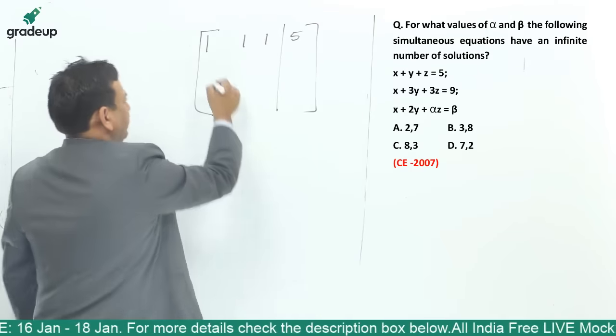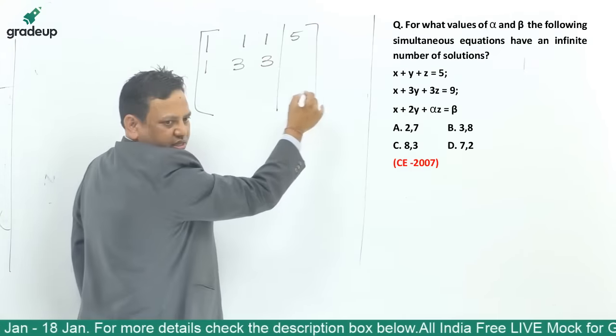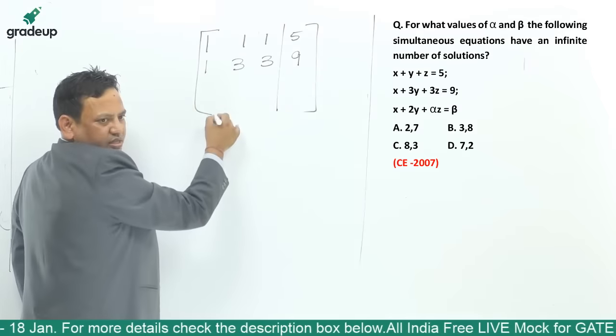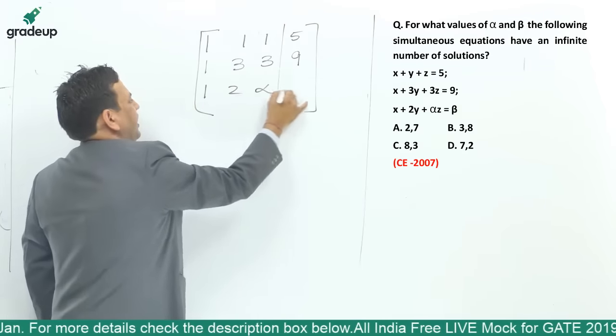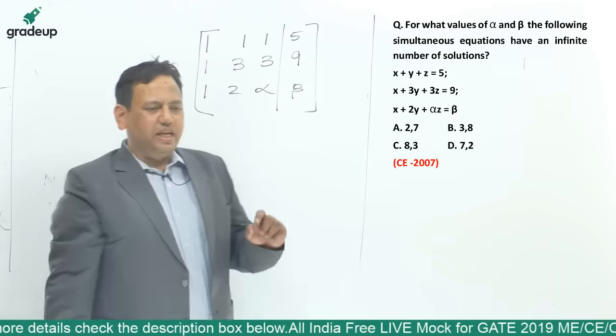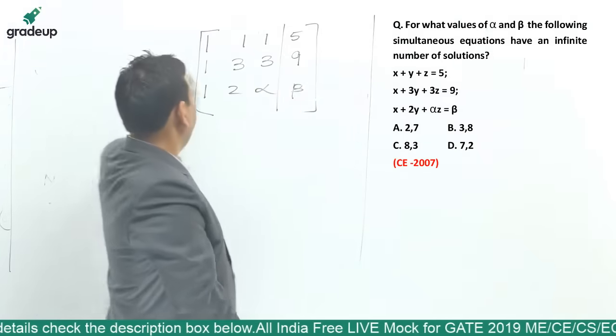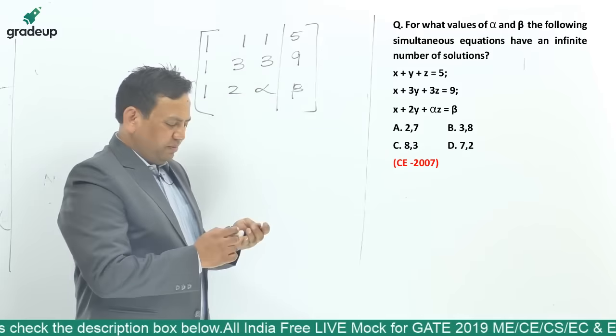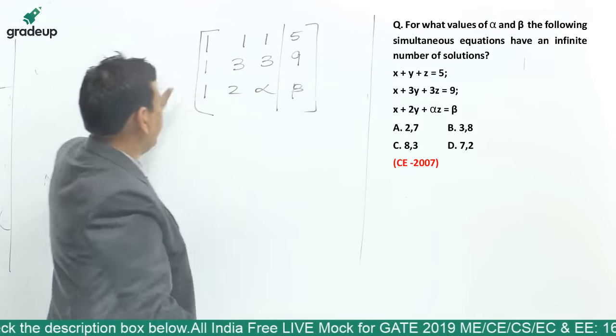Second is 1, 3, 3, 9. Then 1, 2, alpha, beta. Always try to make the leading entry 1, because these are equations, so you can divide both sides by any number and there will be no change. Now I want to calculate the rank of the matrix.